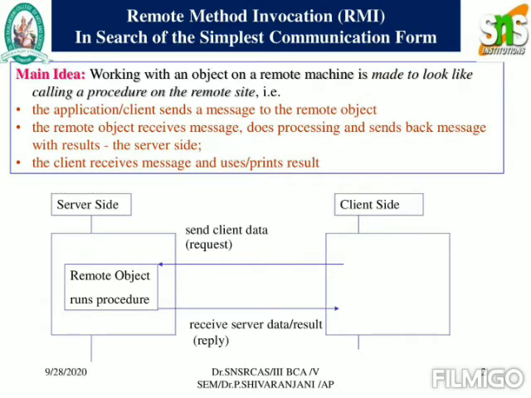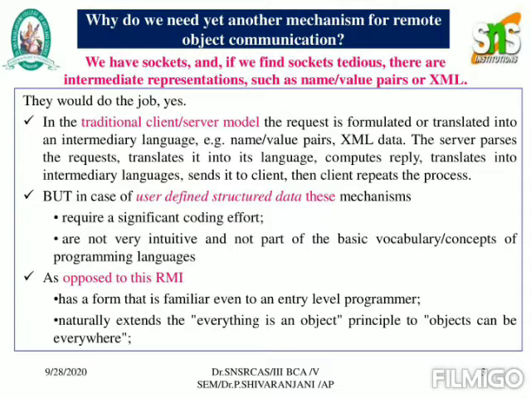If the data is available inside the server, then the server will transfer the data as a result to the client side. So this is how the connection establishment or the interface between the client and the server side takes place in your RMI programming.